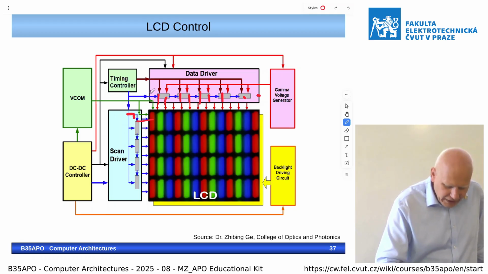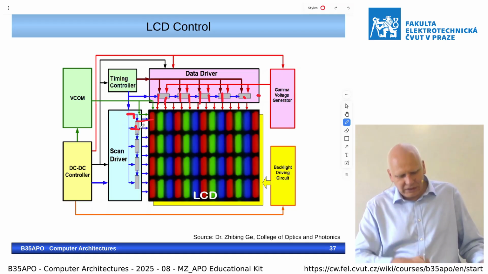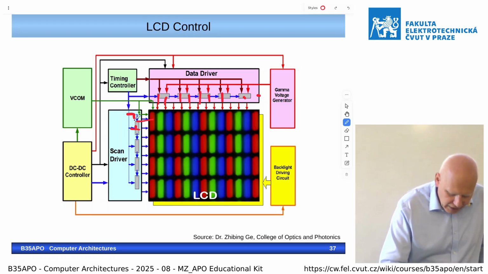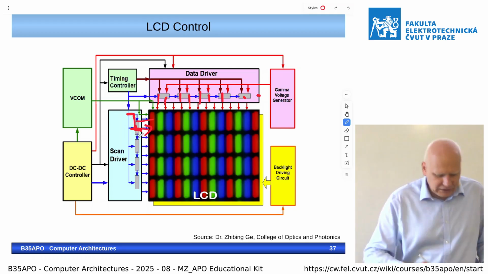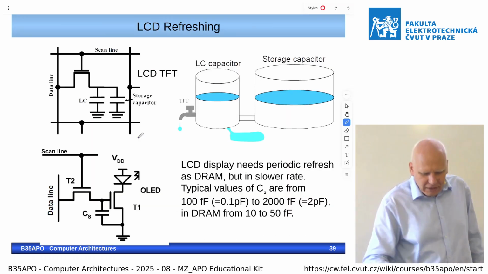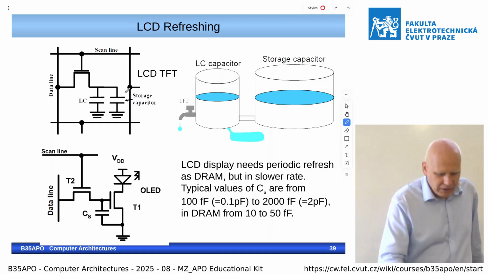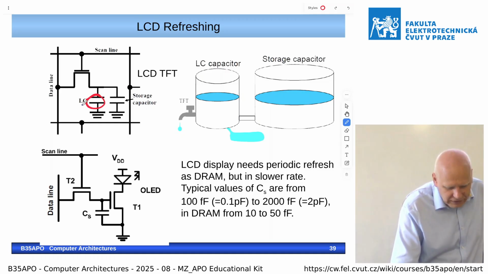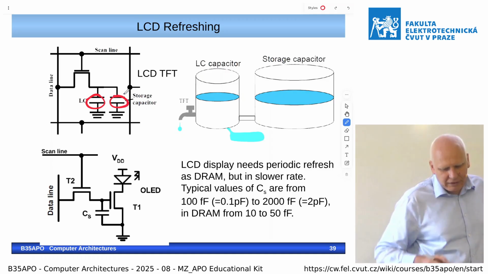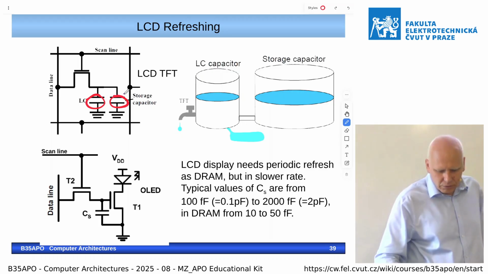And then you leave this row selection passive, set up new values on the columns, and then advance to the next line. This way you need to refresh and refresh, because there is some leakage, same as for the dynamic memory. But the capacity of that liquid crystal cell is relatively small, so we have some additional storage capacitor provided to keep the value.